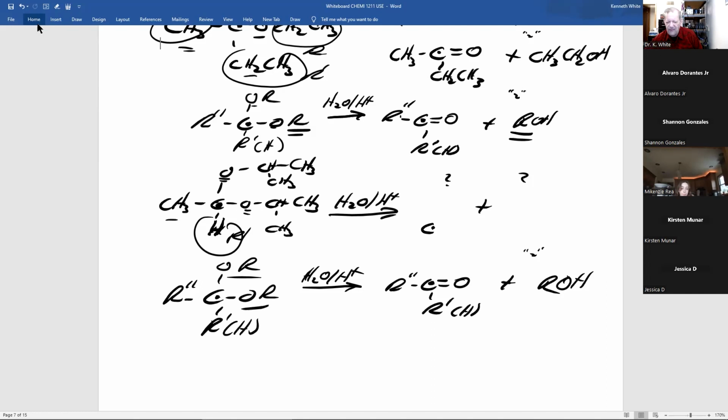All right, here's my carbon here, which is this carbon, double bond oxygen. What's R prime? Hydrogen. What's R double prime? Methyl. Then my alcohol, what's R? Isopropyl.